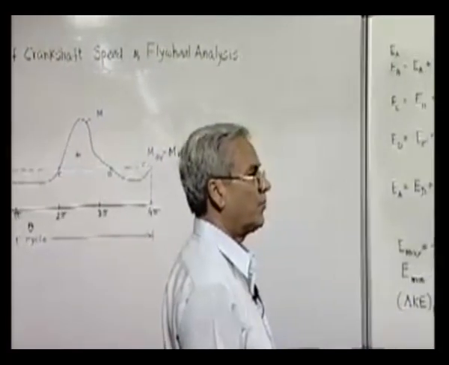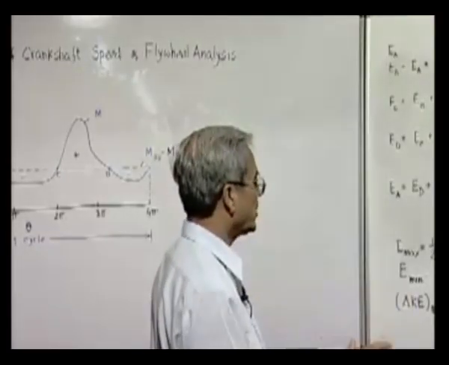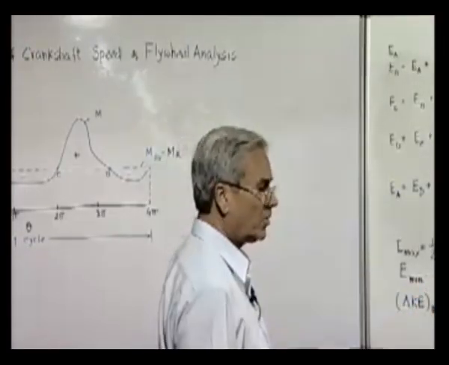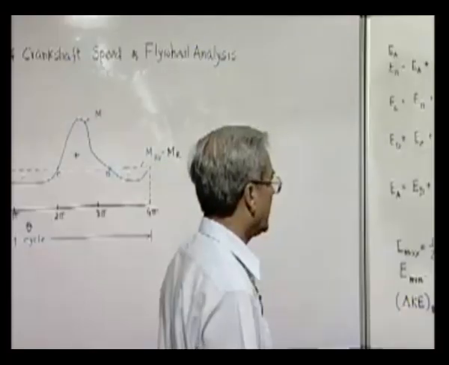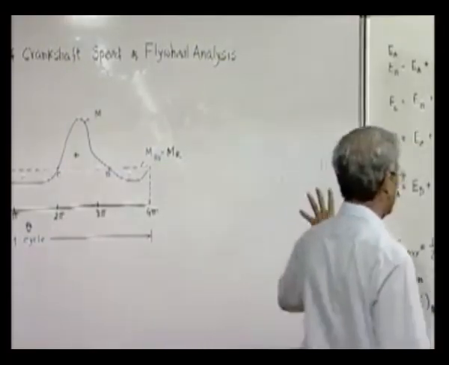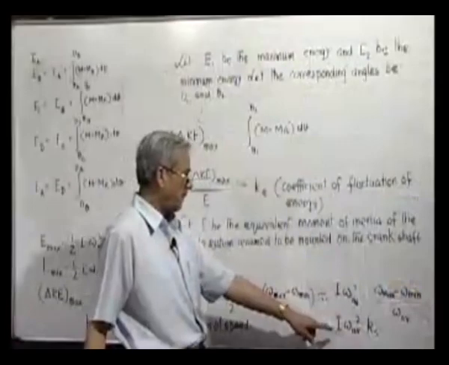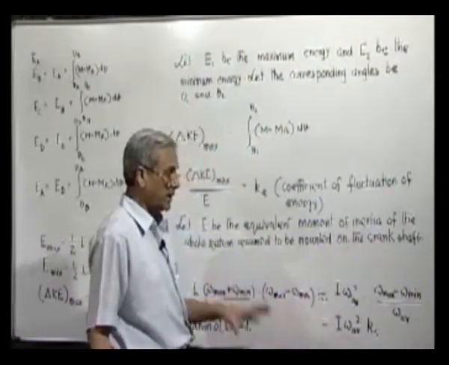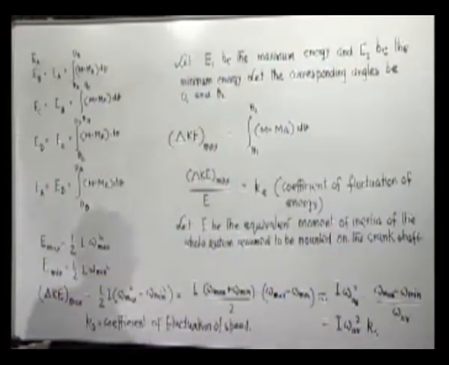Normally that is called a flywheel, because its function apparently is not seen very clearly, but what it does, it provides a substantial amount of magnitude to this moment of inertia attached to the crankshaft, and for a given fluctuation of energy, it produces much less fluctuation in the speed, or in other words, the engine runs smoothly.